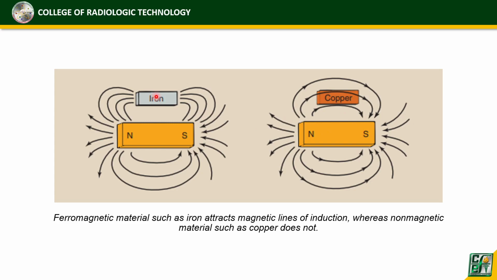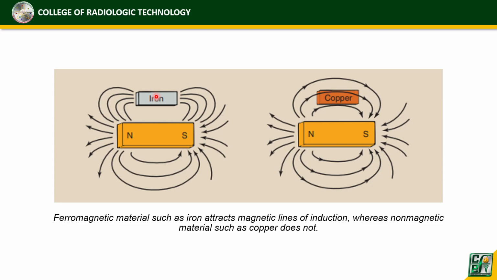So example nito, nakakita na ba kayo ng mga screwdriver na nakakamagnet ng screw? Diba? So usually ang ginagawa ng mga gumagamit nito ay dinidikit sa magnet para magkaroon siya ng magnetic properties. Pero actually hindi mo naman siya kailangan idikit. Kahit malapit lang siya doon sa magnet, magkaroon na rin siya ng magnetic properties.